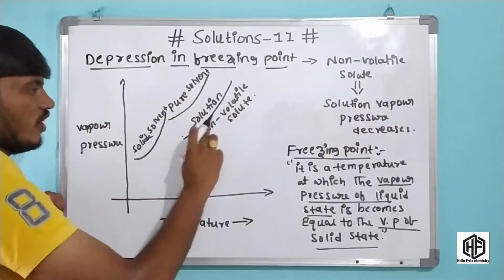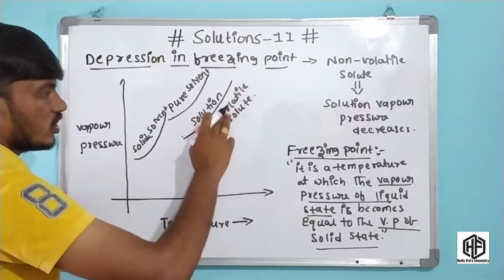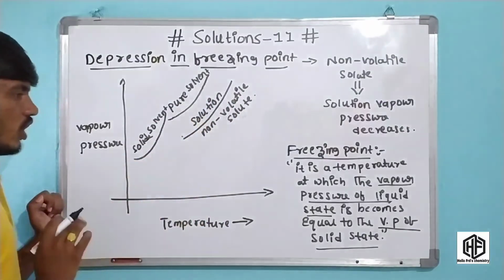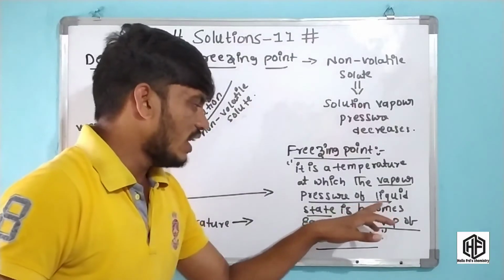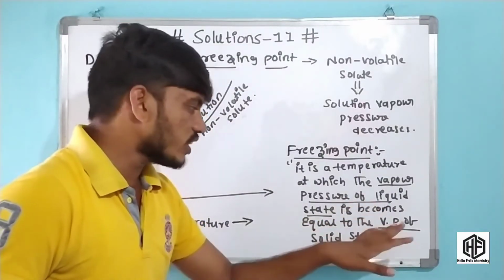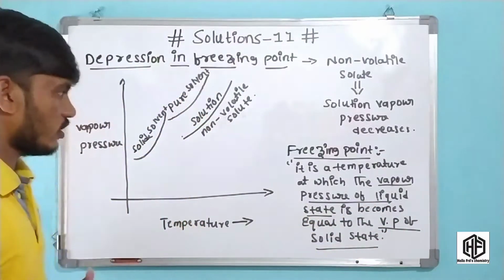This is the pure solvent. This is the solution, in which the non-volatile solute is present. Okay friends, now what is the freezing point? Freezing point is where the vapor pressure of the liquid state becomes equal to the vapor pressure of the solid state.